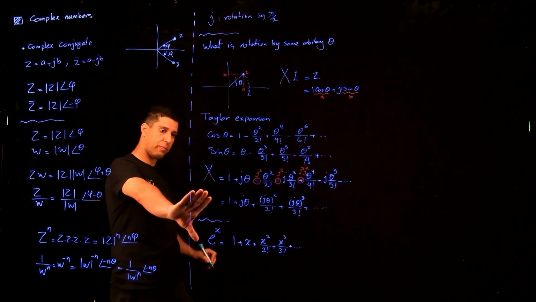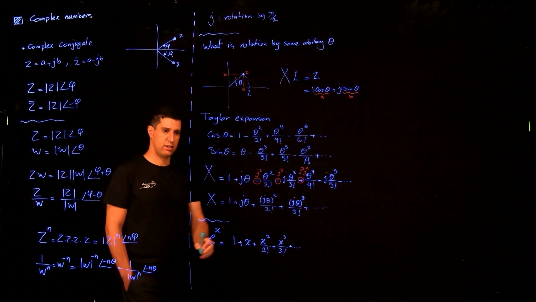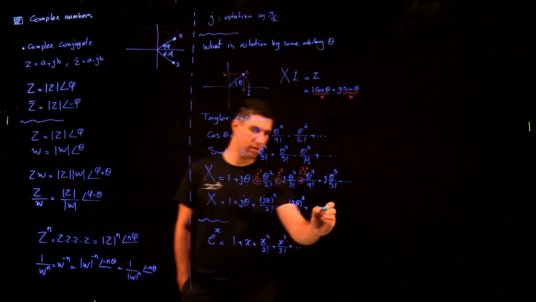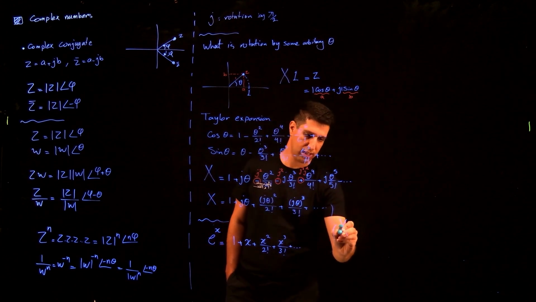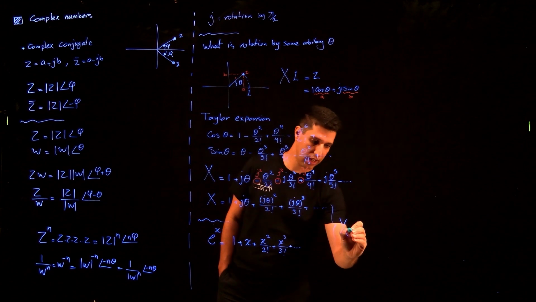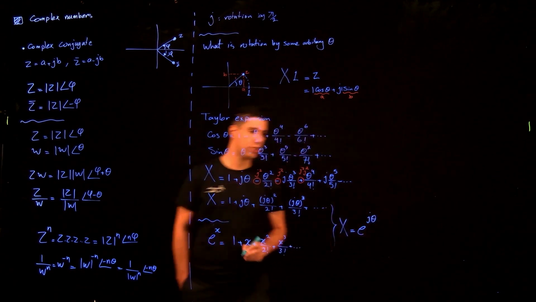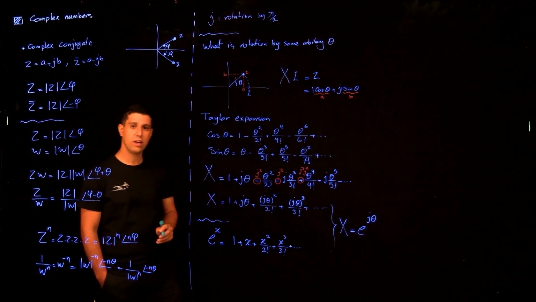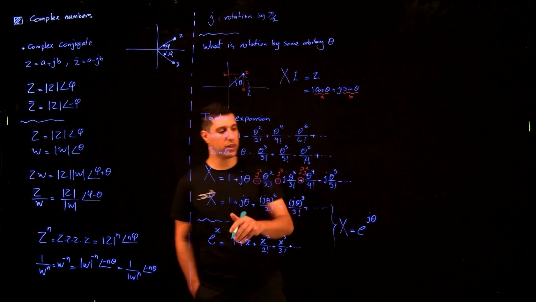Compare these two. Everything is the same. That means the x, the transformation that I'm looking for, is in fact e to the power j theta. This is a little weird to think about.